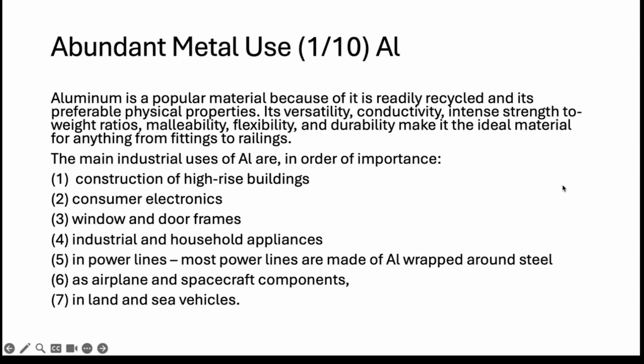It's a very flexible metal, and aluminum is used in high-rise construction, consumer electronics, window and door frames, industrial and household appliances, and power lines. I did not know this, but most of the high power lines are made of aluminum wrapped around steel. It's also used in airplane and spacecraft components and in vehicles. So it's a very valuable, useful metal.